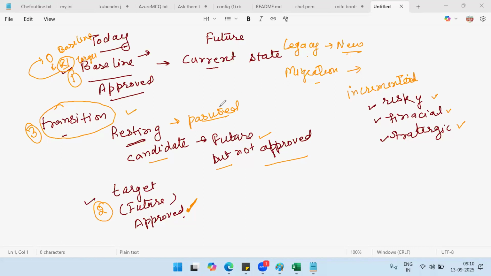Yes, definitely we need all the justification for business, or the requirement phase, that why we need a target approach or target state. So when you have all these things set, we definitely need the transition state.